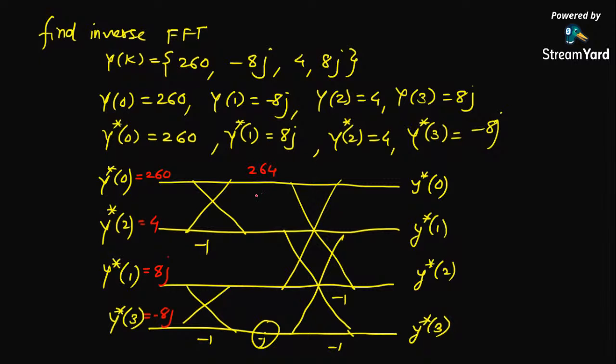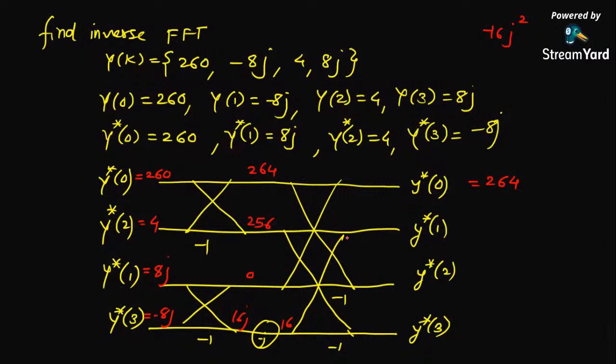264, then 256 because 260 - 4, then 8j + 8j is 16j. Okay, 16j multiplied by -j gives -16j², which is plus 16. So it is equal to 264.